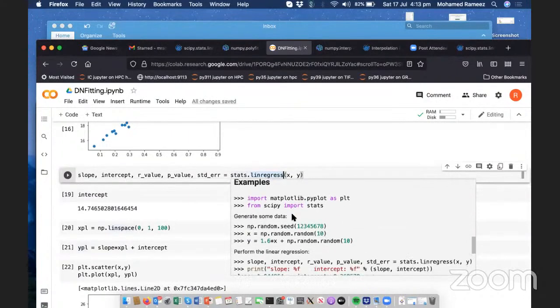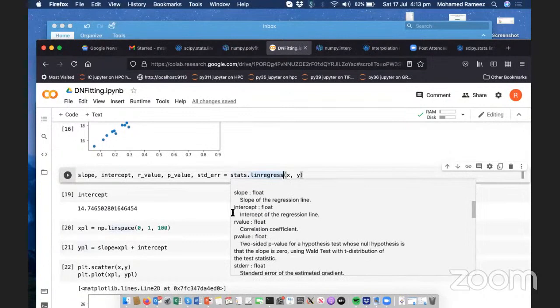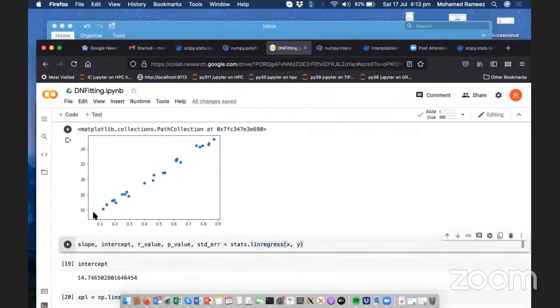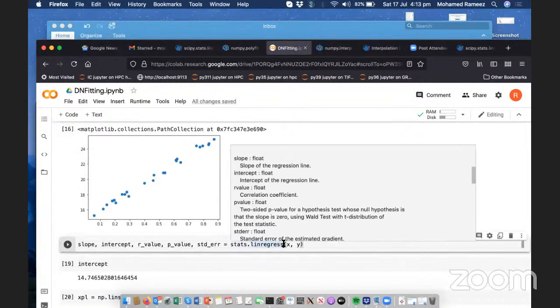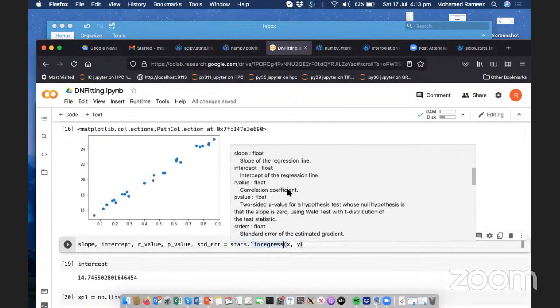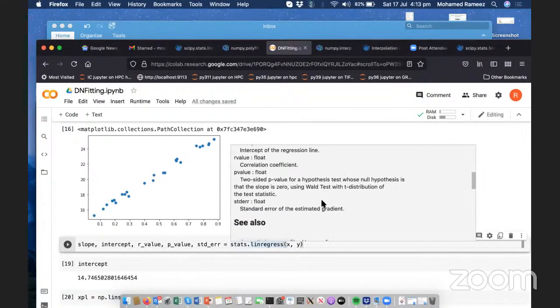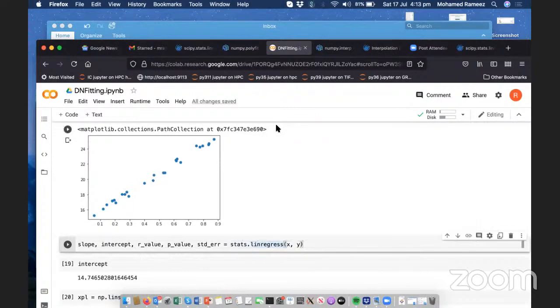So once again, notice that it returns the slope, the intercept, and the R value, which is a correlation coefficient. A fit like this is usually performed by minimizing the distance between the points and the line, and that is usually called R square. The smaller the R square is, the better the fit. And then the two-sided p-value corresponds to a way to test the statistical hypothesis that the slope is 0.